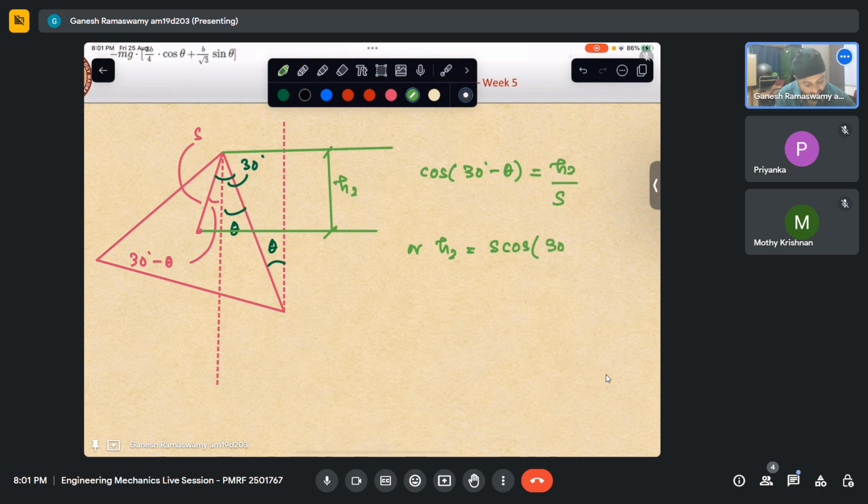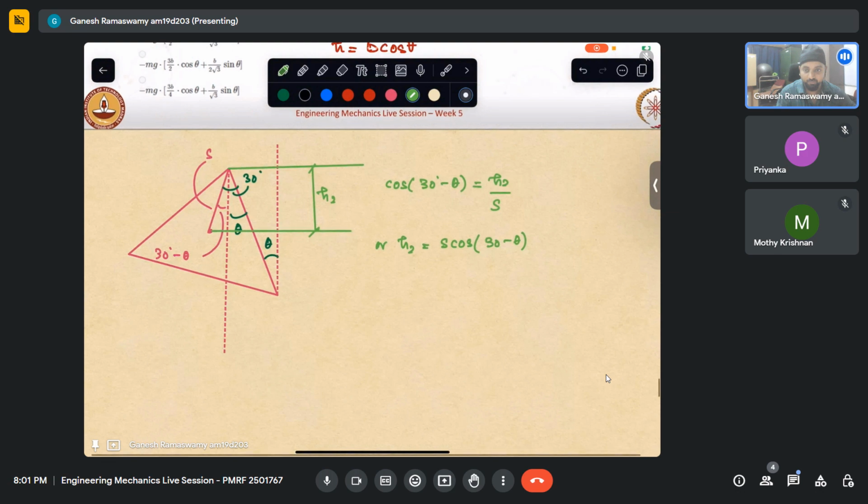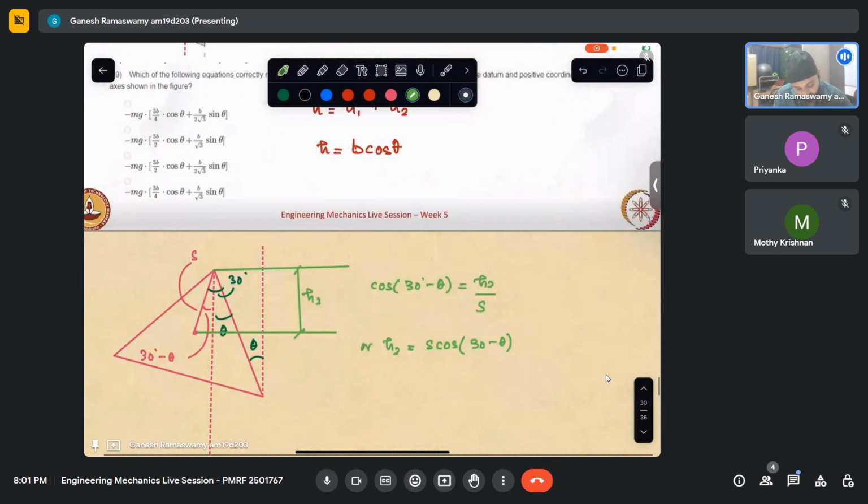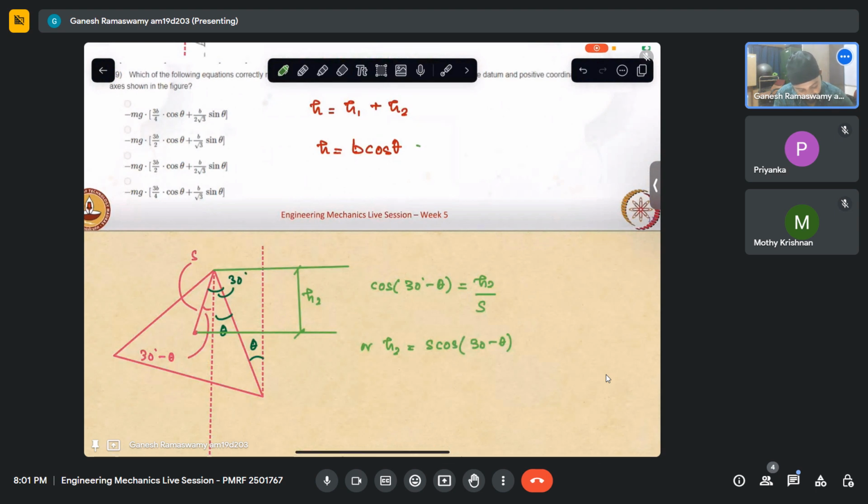So that is all there is to the problem. Now we have calculated h2 and h1. So h becomes b cos theta plus s cos 30 minus theta.